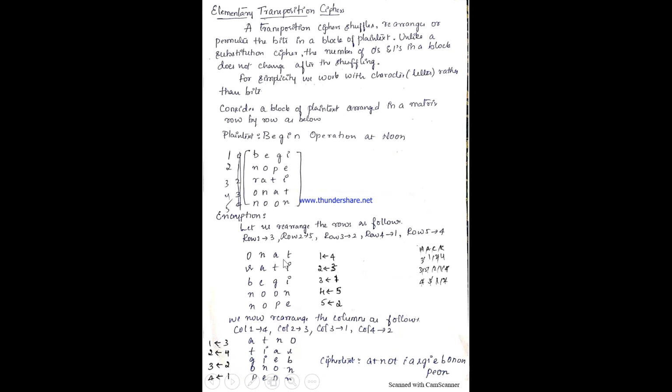The second column elements NAEOO, I guess, that is copied. Finally we have ORBNN, which will be copied. This is the resultant of the column transposition. So we are done with row transposition, followed by column transposition. We'll end at this point and write the ciphertext.